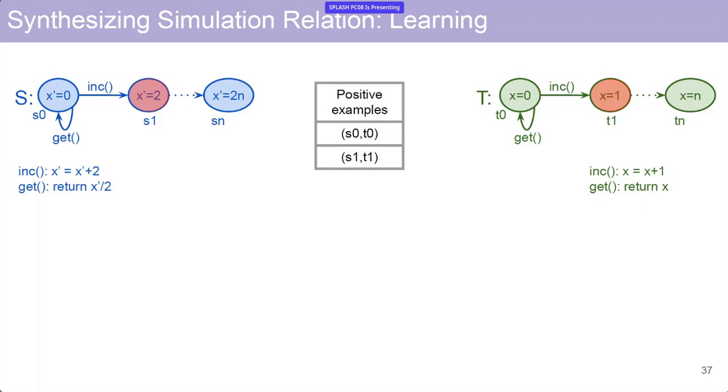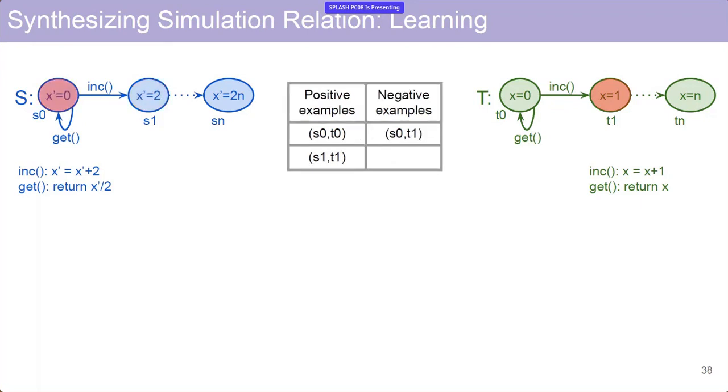A negative example is if we take S0 and T1. If we take lockstep execution from T1, we reach T2 where x equals 2, where we observe 2. And from S0, we reach S1 where x prime equals 2, and we observe x prime divided by 2, which is 1. 1 is different from 2.